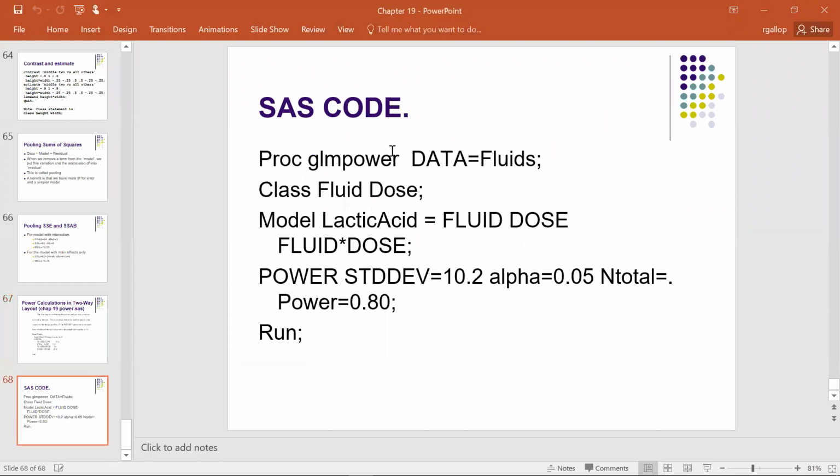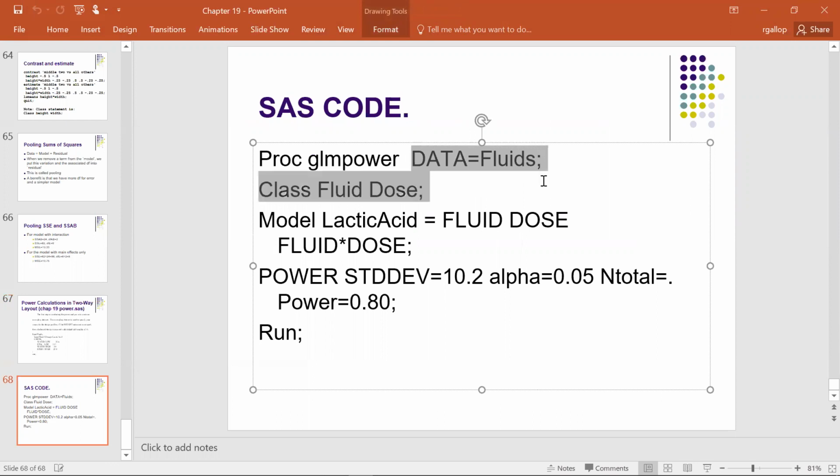If we wanted to calculate power here, I would go proc GLMPOWER data equals fluids. This is the cell means. Class names would be the two factors. Everything here looks like our two-way ANOVA model.